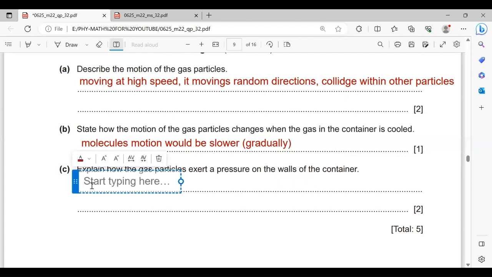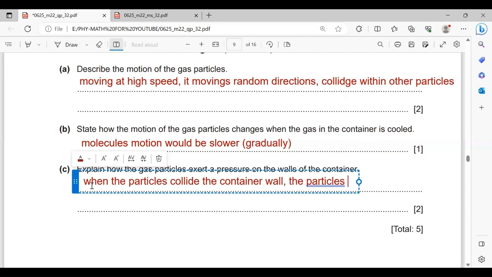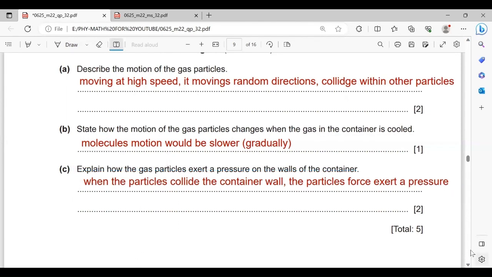Okay, so when the particles collide with the container wall, the particles exert a force, and so exert a pressure. Okay, that's next.